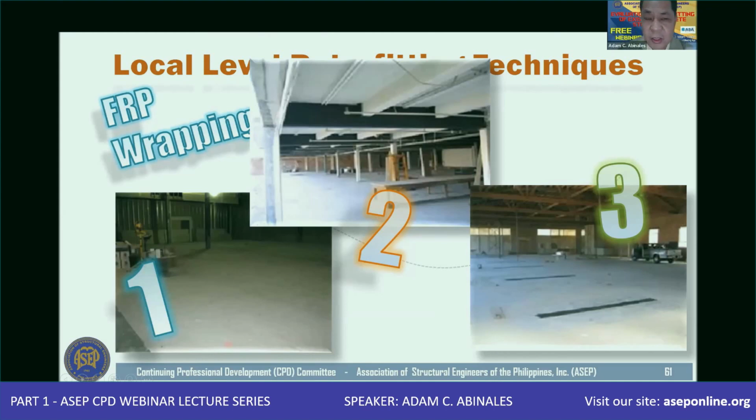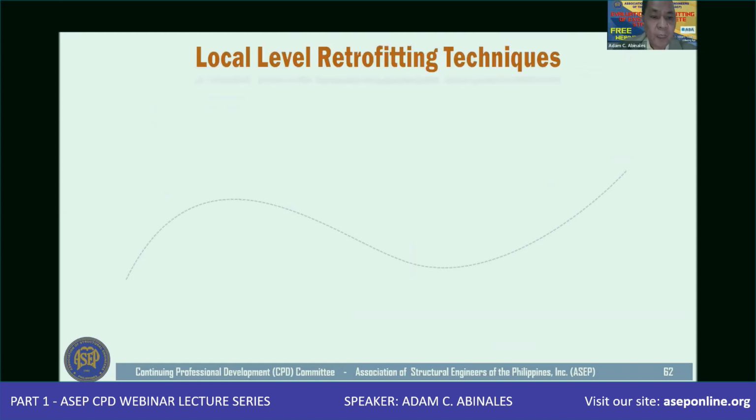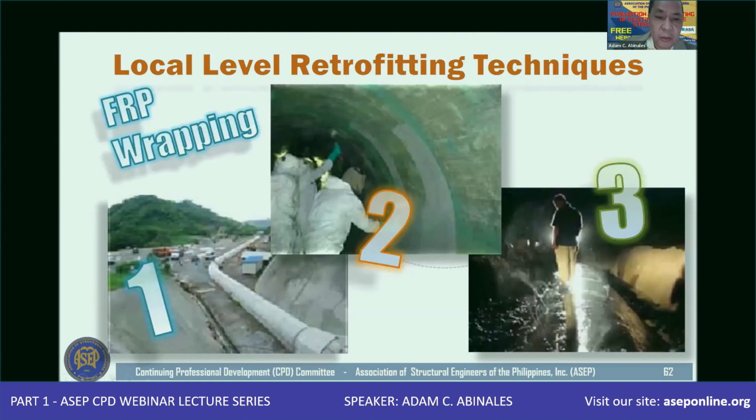Actually, we have a case of this wherein we have a multi-purpose court, and we had to do retrofitting of the slab because underneath the multi-purpose court there is a cistern. Or in pipes, you can also do this retrofitting inside the pipes.